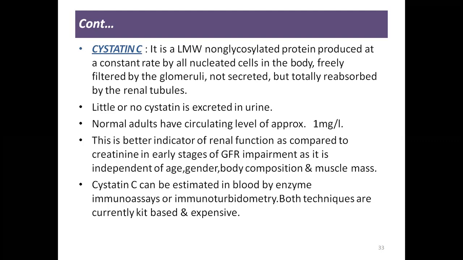Little or no cystatin is excreted in urine. Normal adults have a circulating level of approximately 1 milligram per liter of blood. This is a better indicator of renal function as compared to creatinine in early stage of glomerular filtration rate impairment, as it is independent of age, gender, body composition, and muscle mass.